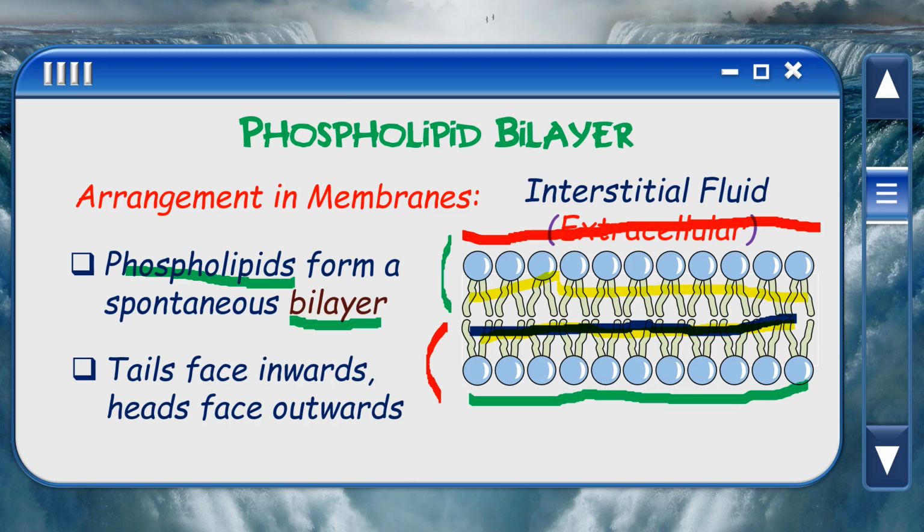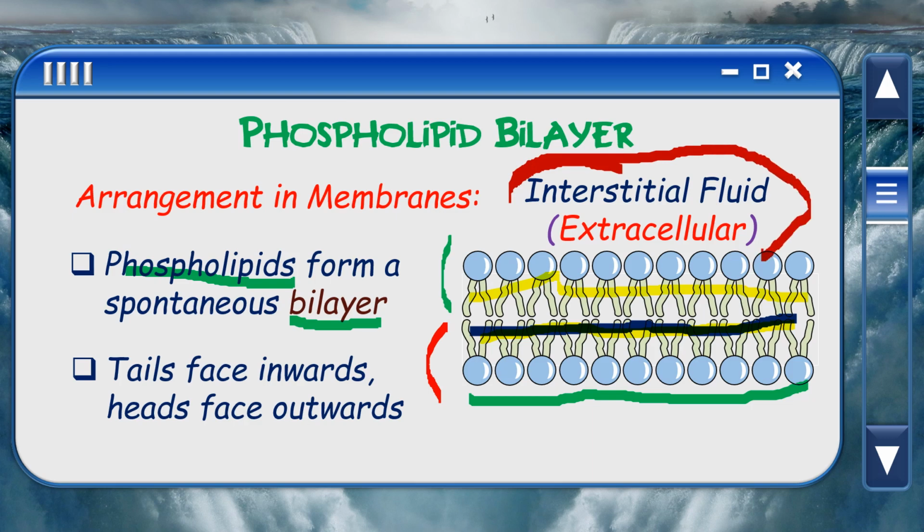The outer part, or the extracellular side, is where we have the interstitial fluid.